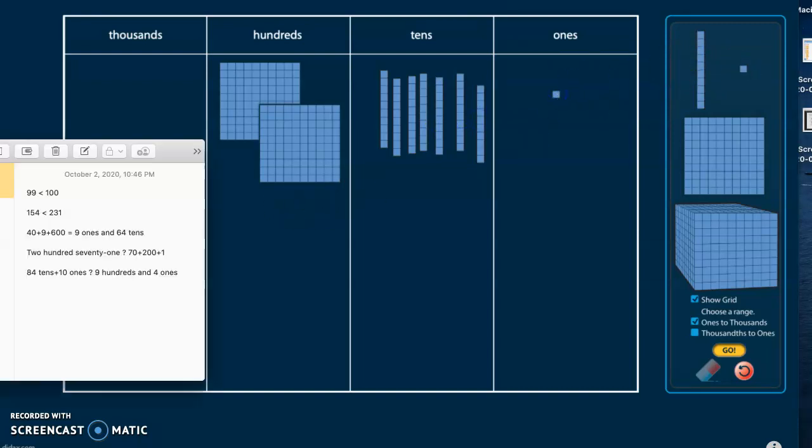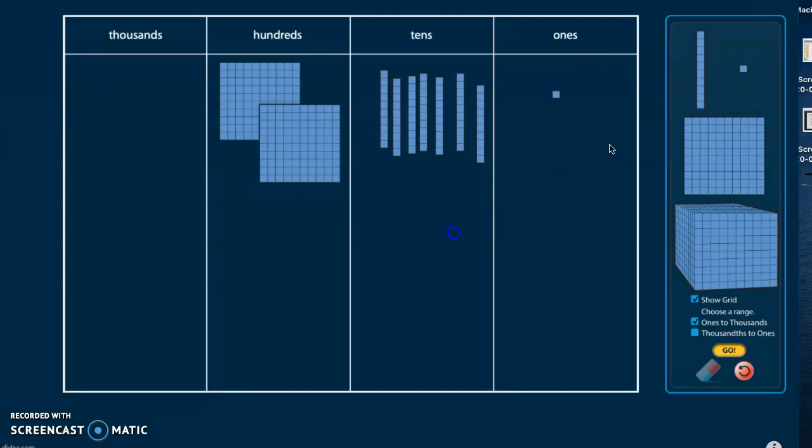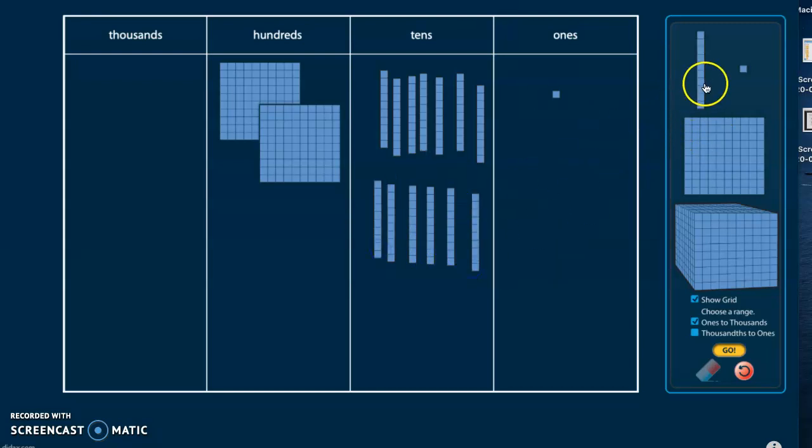And then for our second one, we need 7 tens again. Oh goodness. 1, 2, 3, 4, 5, 6, 7.